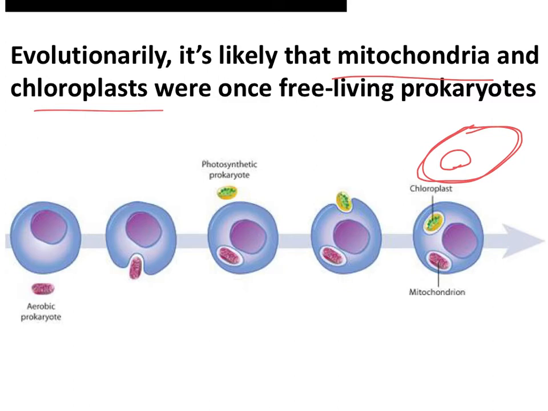So even though plants and animals are considered to be eukaryotes, meaning they have a nucleus, it's believed that at one point that eukaryotic cell engulfed a smaller prokaryotic cell. That's shown in this diagram. So here we have our giant eukaryotic cell. It has a nice big nucleus inside of it.